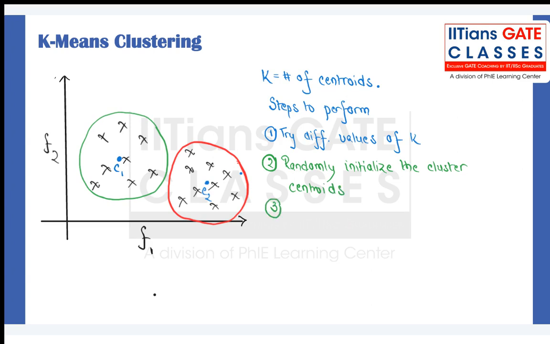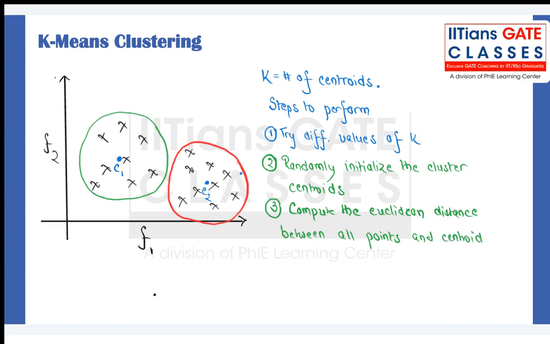The third step is to, using any distance metric you want, let's say Euclidean distance, compute the Euclidean distance between all the points and the centroids.